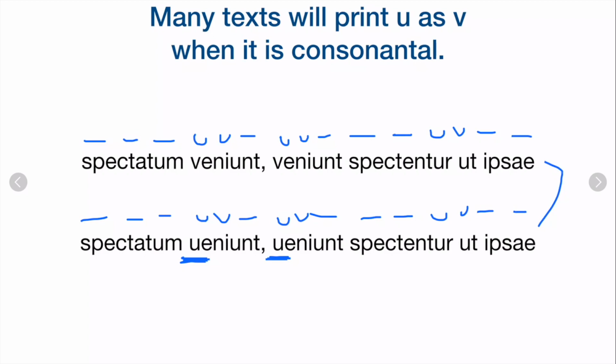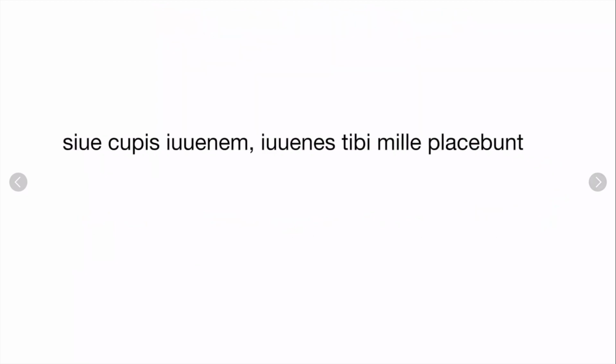Okay? And so here is what it would look like if we printed that first line we were looking at with both the consonantal U's printed as U's and the consonantal I's printed as I's. Si vecupis uvenes tibi mille placebunt.